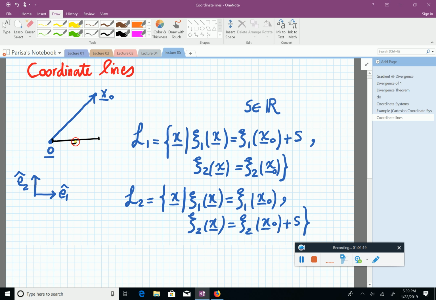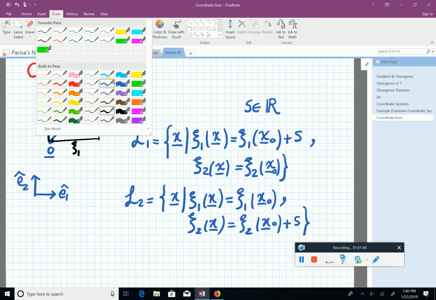That's a number. I cannot emphasize this. This is not a vector. If you dot product with a unit vector, you get the projection. It's a number. So now, let's read L1. It looks very mathematical, but it's actually not too complicated.